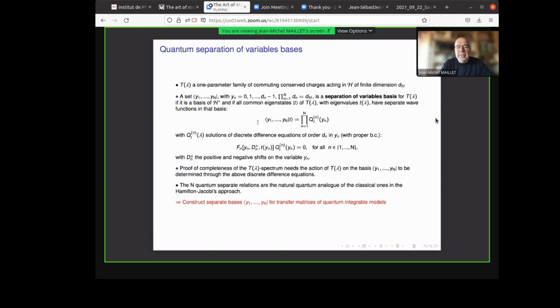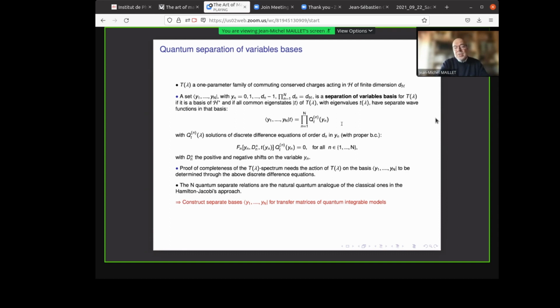And such that, first, it is a basis. And second, any common eigenvector of the family T(λ) has a wave function which is factorized in terms of some function q_t depending only on one variable. And such that these functions are solutions of some discrete difference equation of some order d_n in the y_n only, so one variable equations, supplemented in general by some proper boundary conditions.